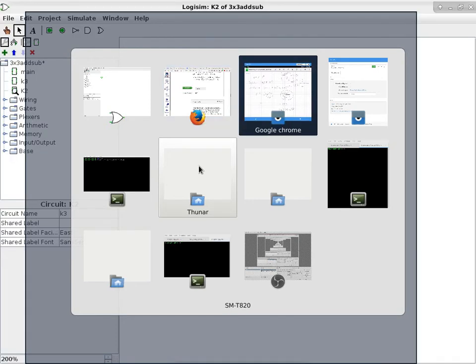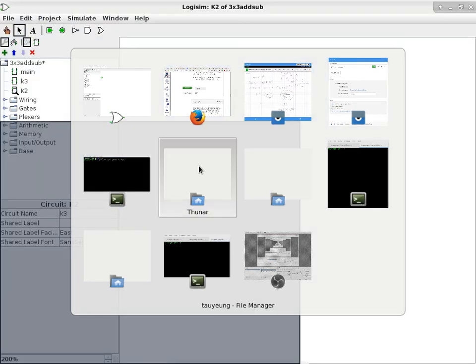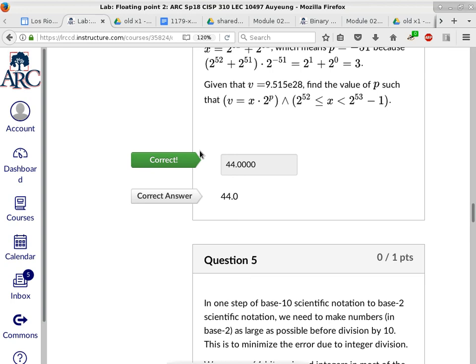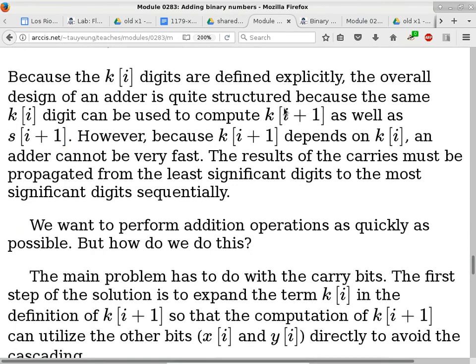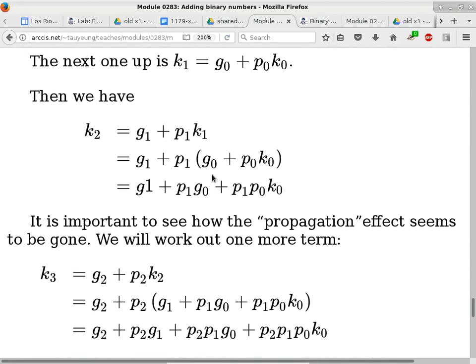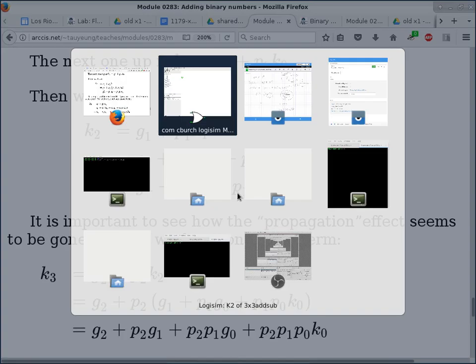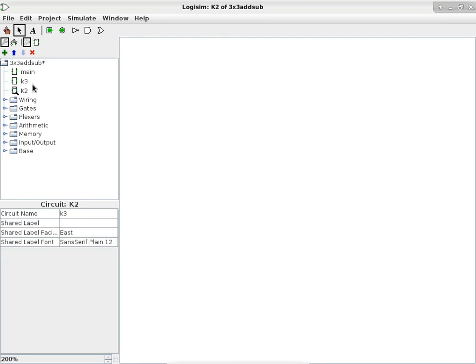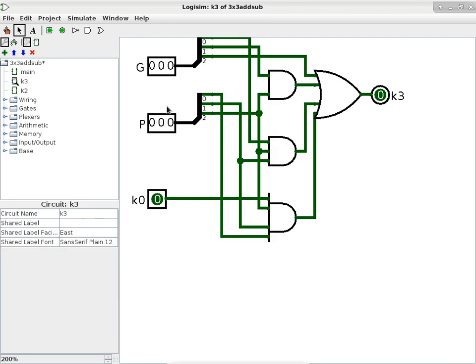I think I have the notes opened somewhere. Yep, so this will be the one. So K2 is G1 plus P1 G0. Okay, so I'm going to make the general construct first. I can just copy and paste a lot of that from here.